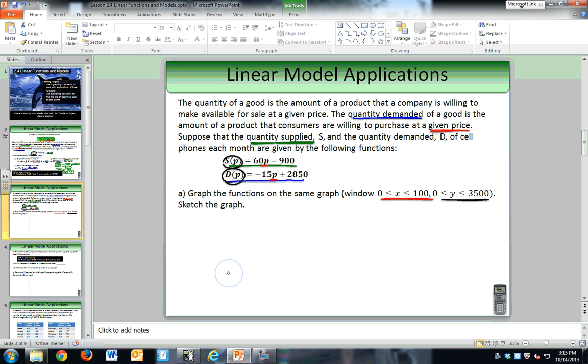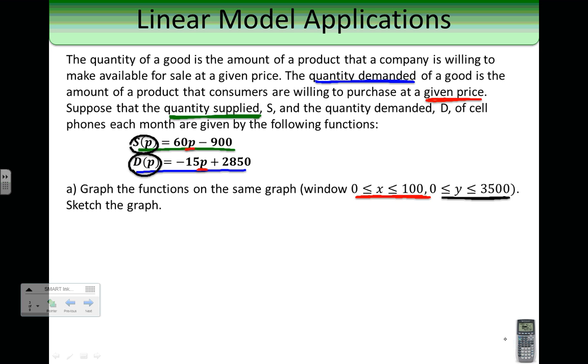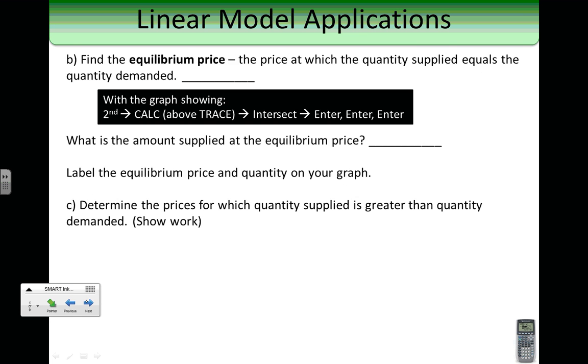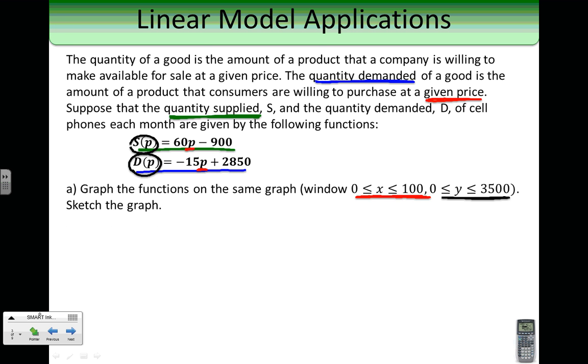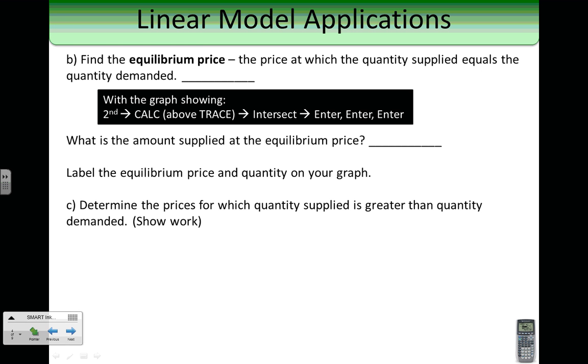So what we want to do is find the equilibrium price. That is the price at which the quantity supplied is the same as the quantity demanded. So you make the perfect amount of phones so that you make just as many as people want to buy.